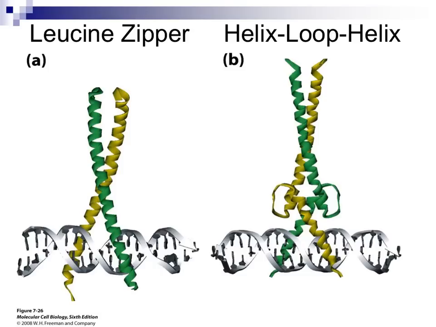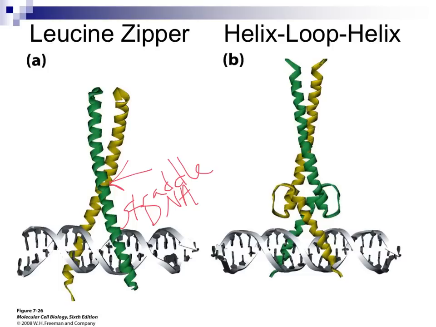Here they associate with each other at one point, but then they separate to straddle the DNA. That's the characteristic of a leucine zipper, and as we'll see shortly, the helix loop helix.